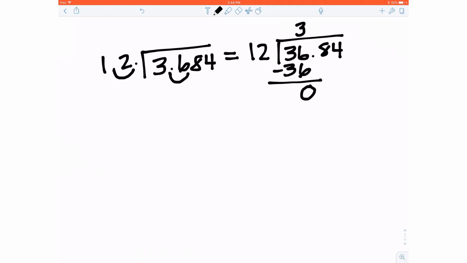We got a decimal here, which means we have to line it up. Now I can bring down my 8. 12 goes into 8 0 times because it's way too small. But now we have to write that there because it's in the middle of our answer. So we do have to write that 0, okay? So now that we've done that, 12 times 0 is 0. 8 minus 0 is 8.